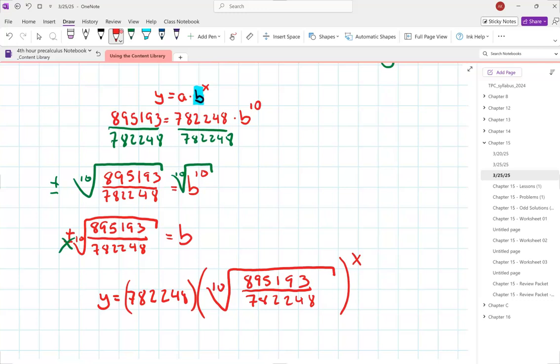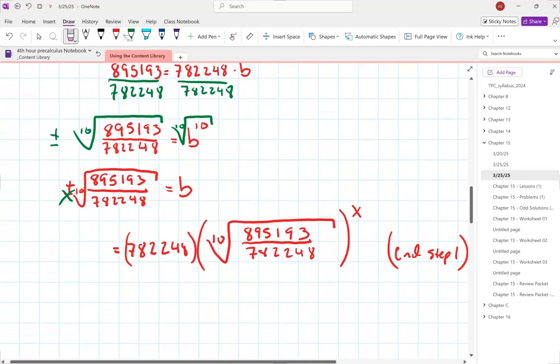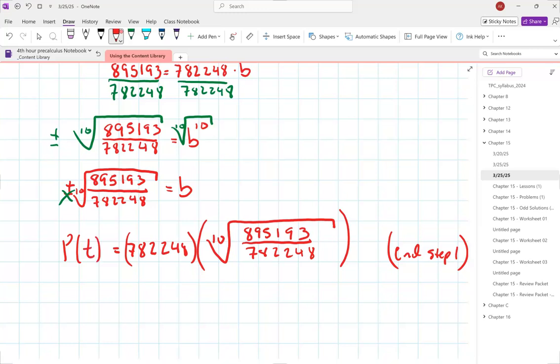That's like the end of step 1. Everybody feel okay there? Well, actually, let's write it this way. I really mean P of t and t, right?